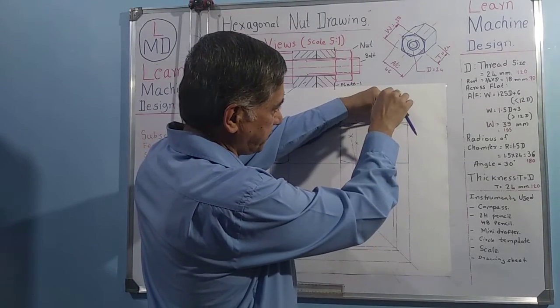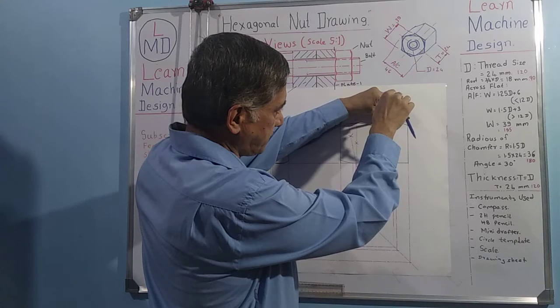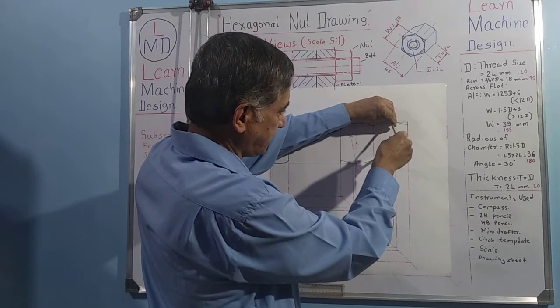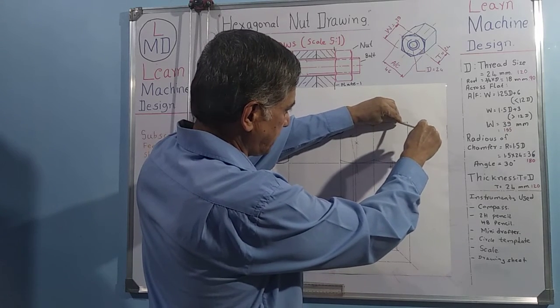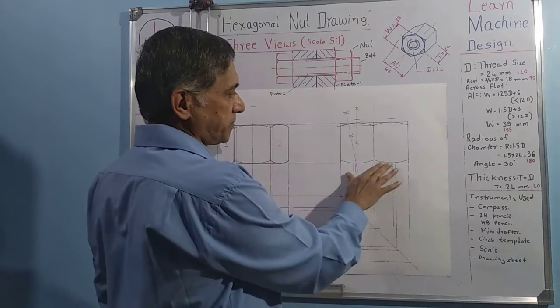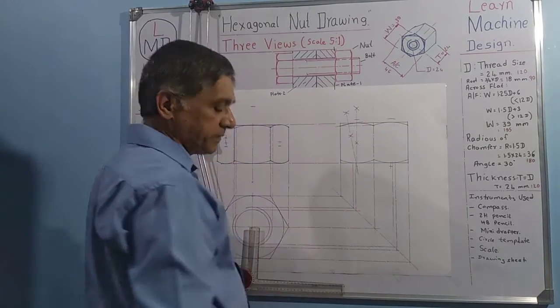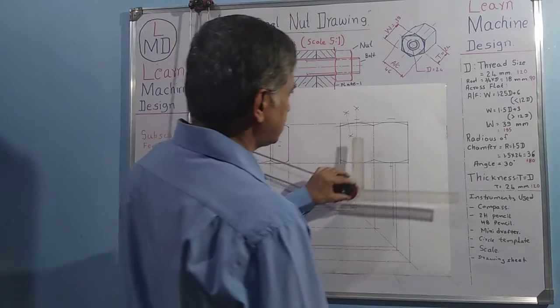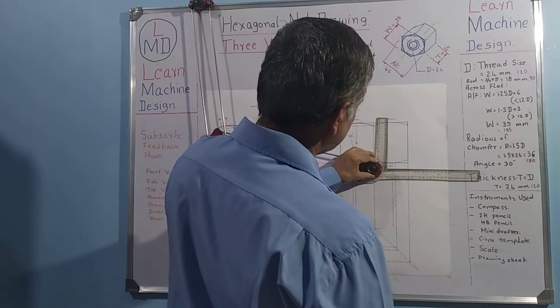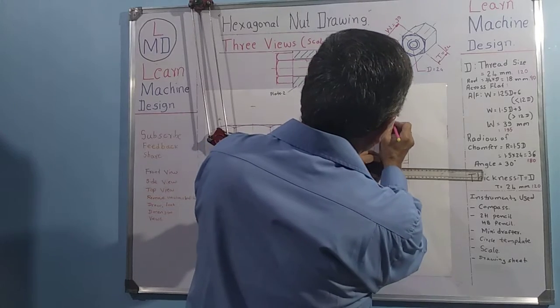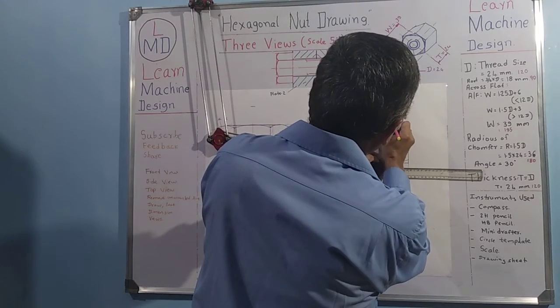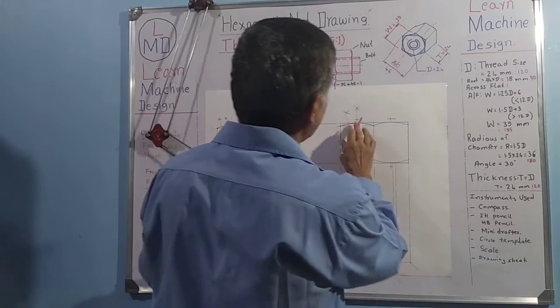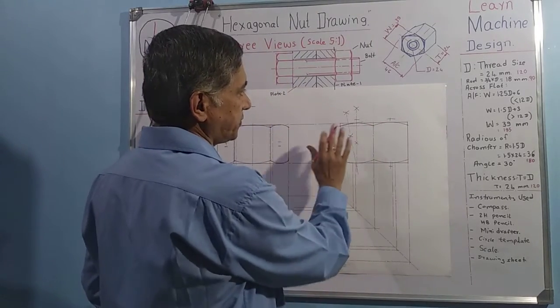You take this, bottom radius ready, top radius ready. We have to extend this. So this like this. This is now ready.